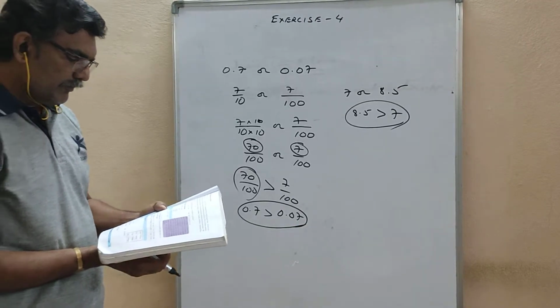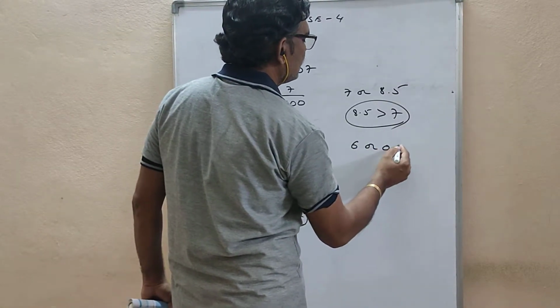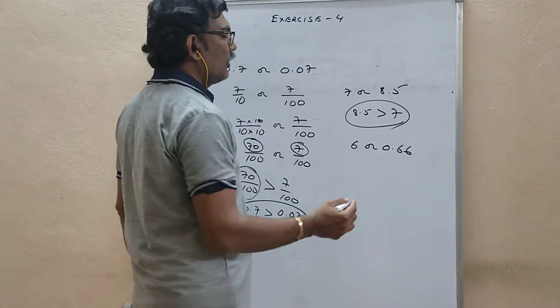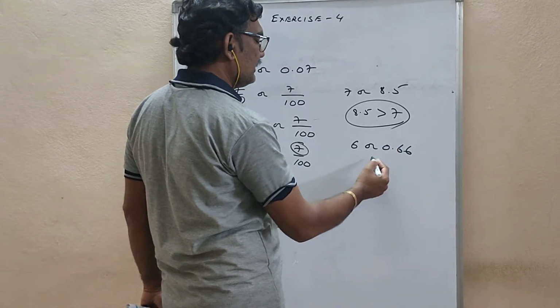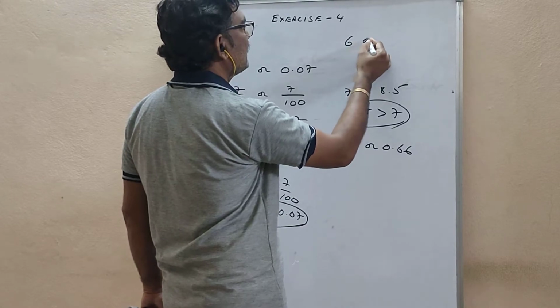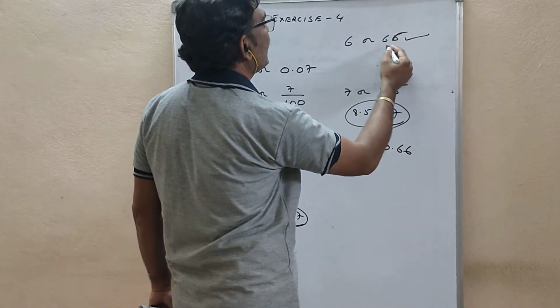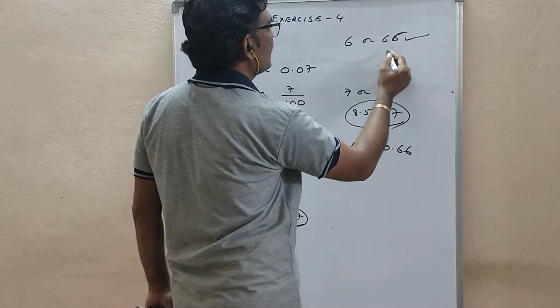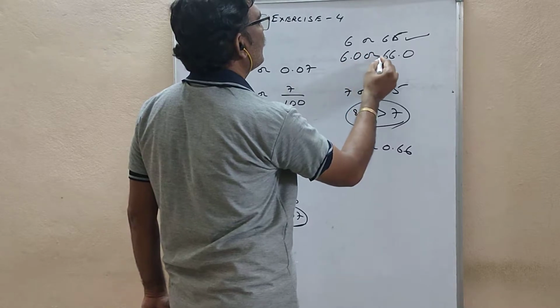Okay. 6 or 0.66. See, it is not 66. Point is on the left side. If you have 6 or 66, then 66 is greater, because 66 means 66.0 and 6 means 6.0.